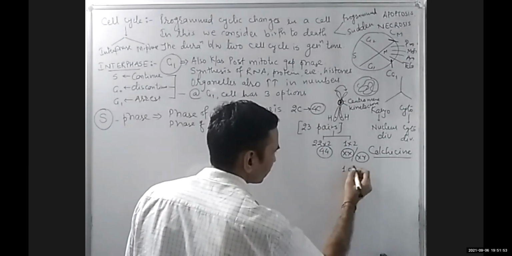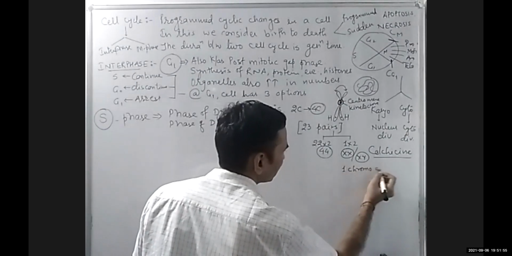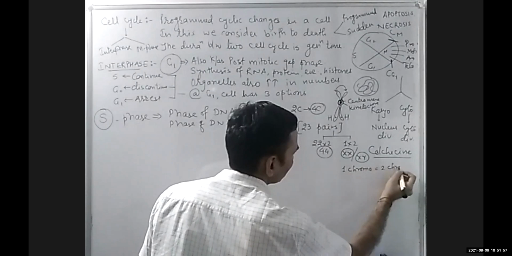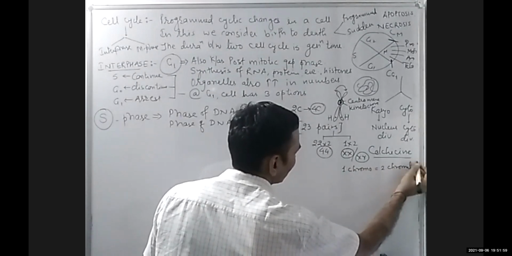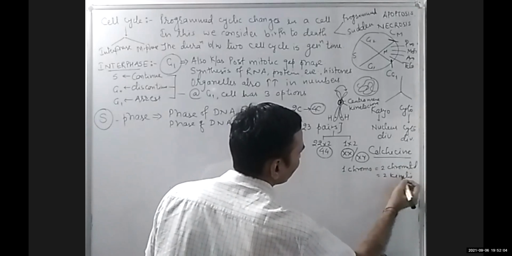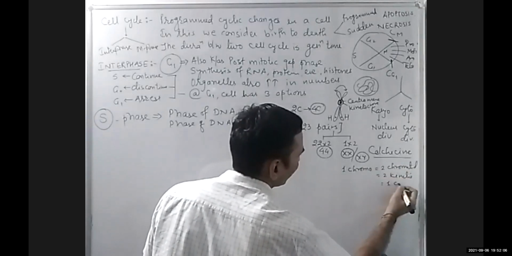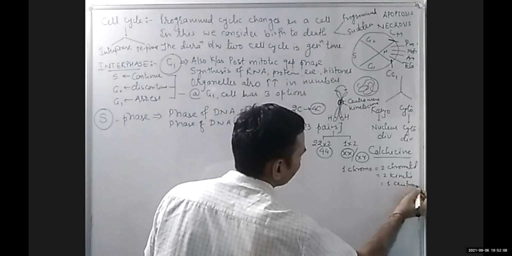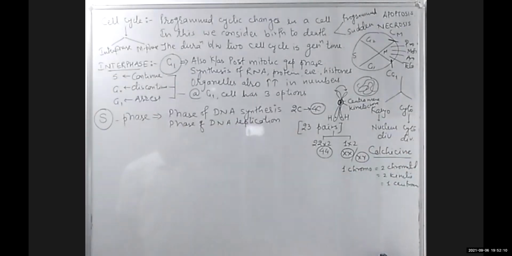One chromosome is equal to 2 chromatids is equal to 2 kinetochores is equal to 1 centromere. Perfect. So now good to go.